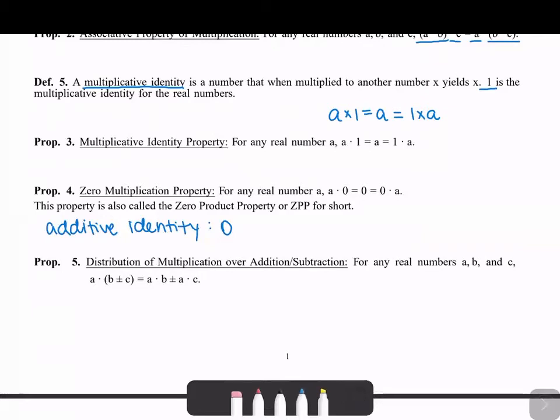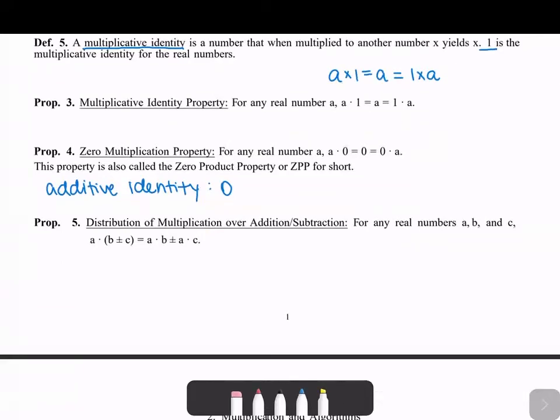So now that we've rigorously defined multiplication and addition, just like how we saw how the additive identity works with multiplication, we can see how addition in general works with multiplication. And we have this distributive law.